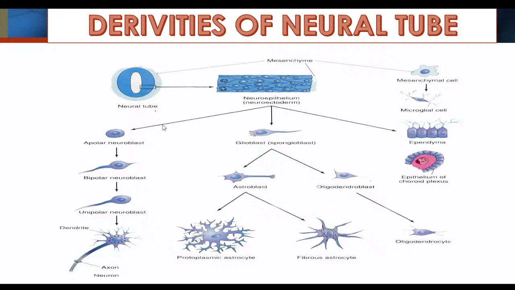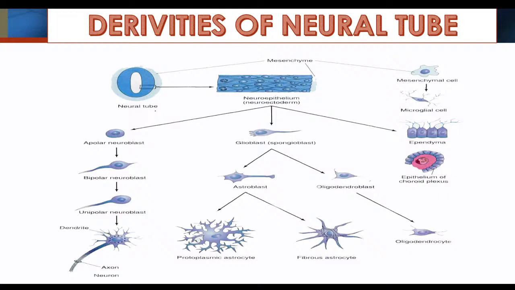Parallel with the formation of the neuroblast lineage of neurocytes, we have the glioblast or spongioblast lineage. In this case, spongioblasts first separate from the neural epithelium, and the first to separate are the ependymal cells. Ependymal cells arise directly from the ventricular or inner layer and give rise to cells which synthesize liquor, the liquor of the central canal and ventricles, which supports the internal environment of the central nervous system.